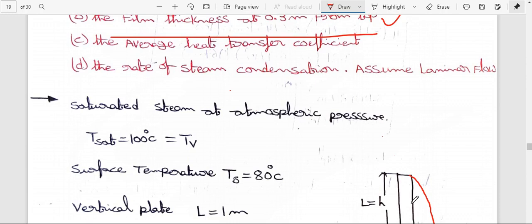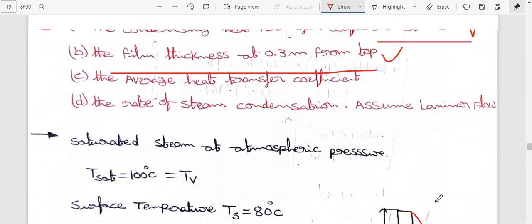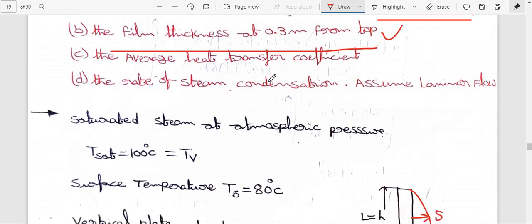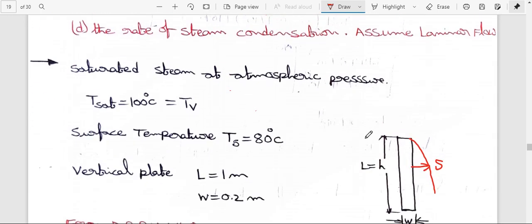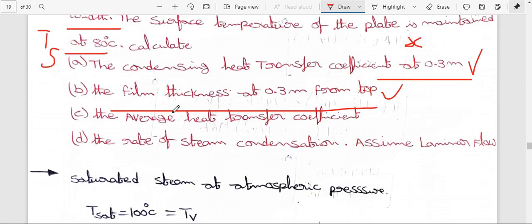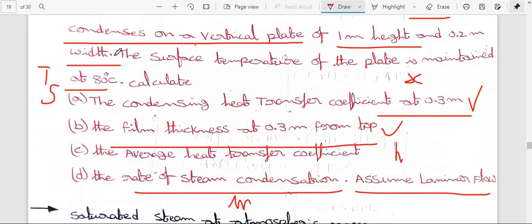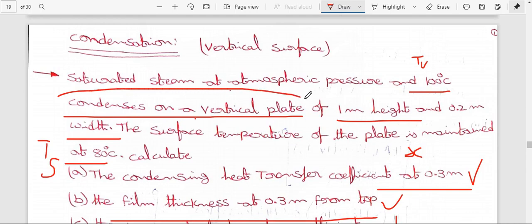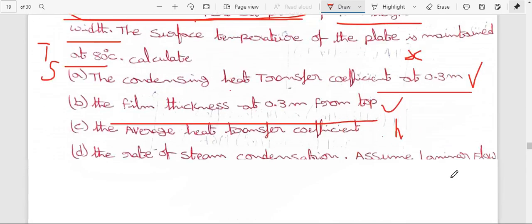We have to calculate the delta value, the film thickness at 0.3 meters from the top. Also the average heat transfer coefficient, h value, and the rate of steam condensation, m value. We have to calculate all these values. Assume laminar flow.